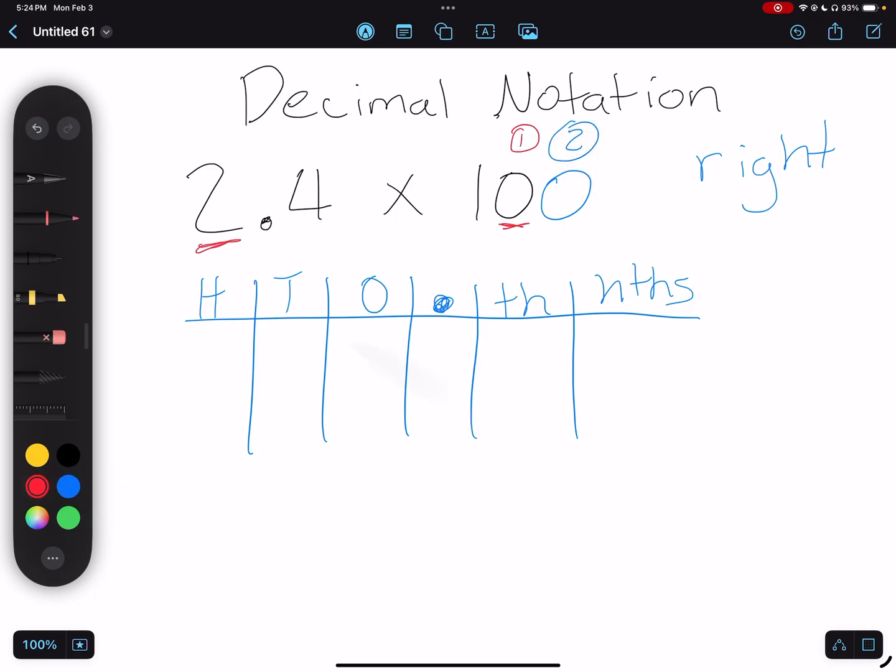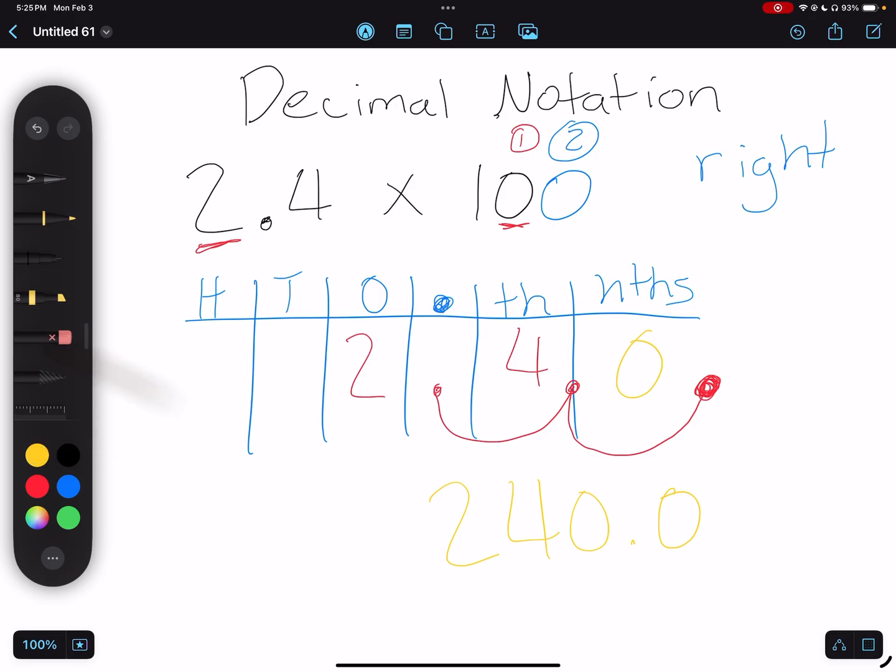So I put my number back in, still in the ones place and then tenths. Instead of moving it one time, now I'm going to move it 2 times, and my decimal goes way back here, and I notice that I have a space in my number. So if I have a space in the place value, I'm going to put a 0 there. Now instead of 2 and 4 tenths, it is 240 with the decimal.